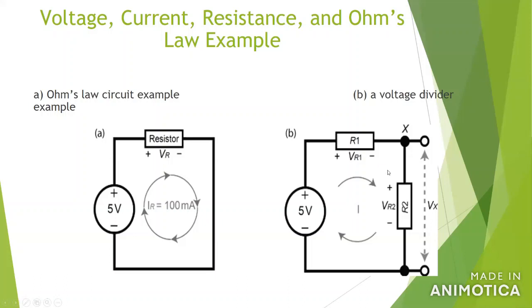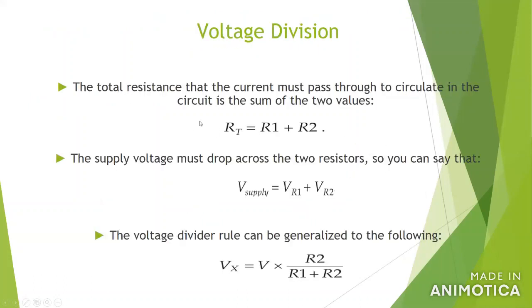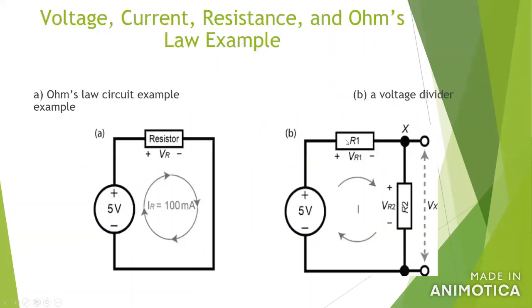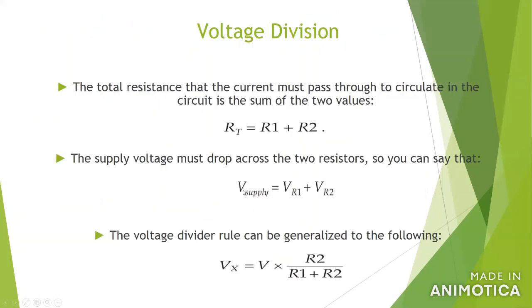The total voltage is the supply voltage, which is 5 volts, and these are the voltage for R1 and the voltage for R2. If we add these two values together, we get the total voltage.